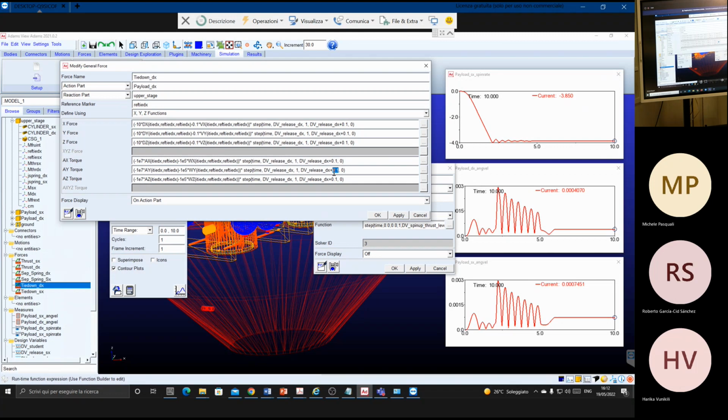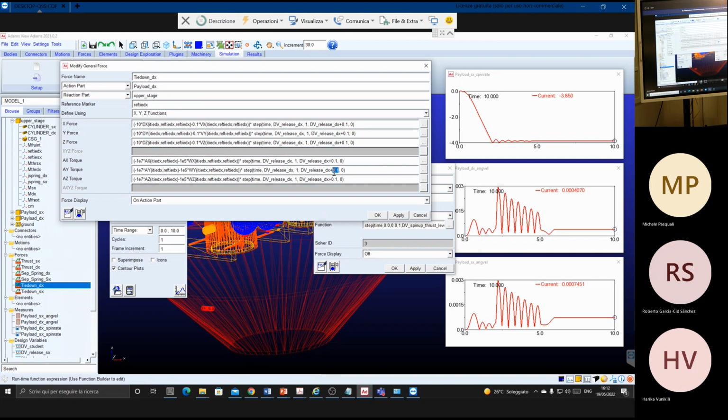So you have to basically tune the effect of the thruster, which puts into rotation the payload adapter. You have to tune the effect of the release mechanism that has to open up, and of the spring force that eventually is released and allows the separation of the two satellites from the payload adapter, from the dispenser.